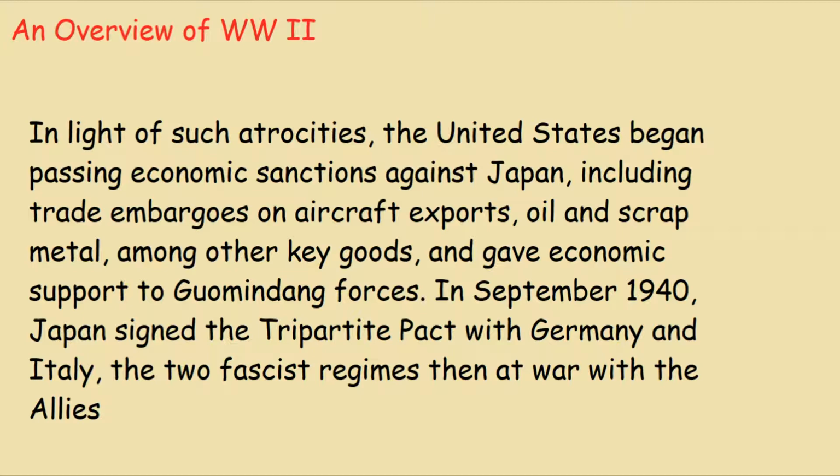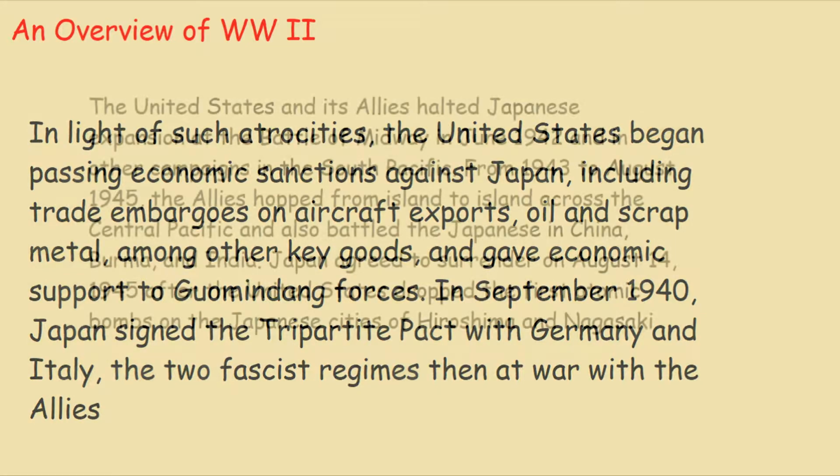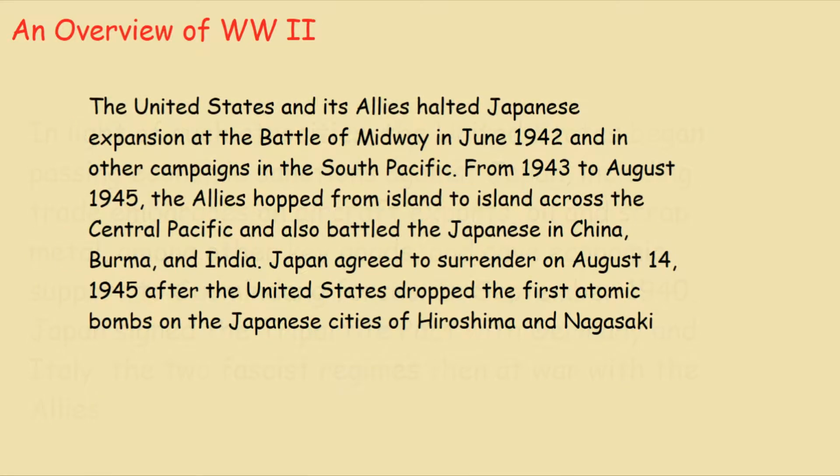Simple math. So the United States and its allies halted Japanese expansion at different battles, of course. One of the most important battles that you must know is the Battle of Midway that occurred in June 1942. And of course, we had other campaigns where the United States of America won in order to stop the Japanese expansion.